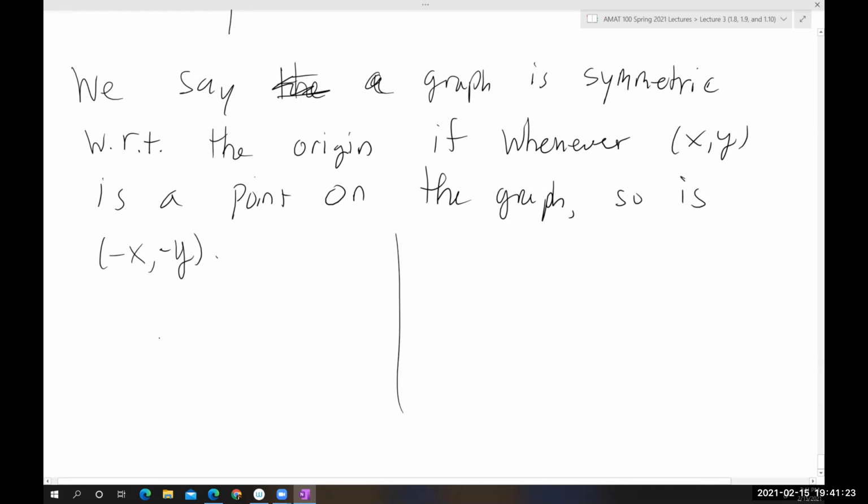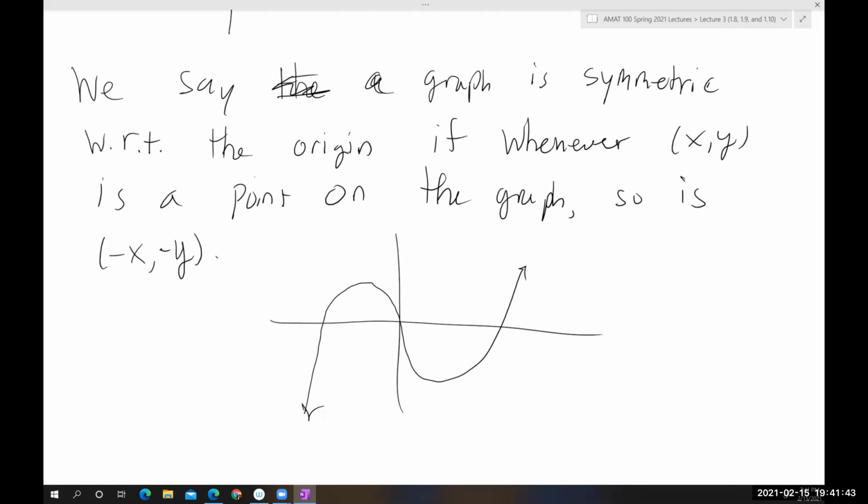This right here is an example of this kind of symmetry, something like this. This will be a symmetry about the origin.